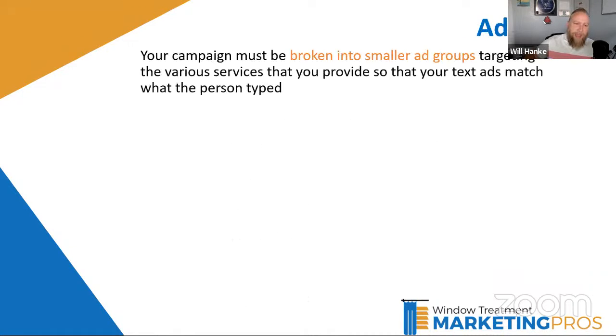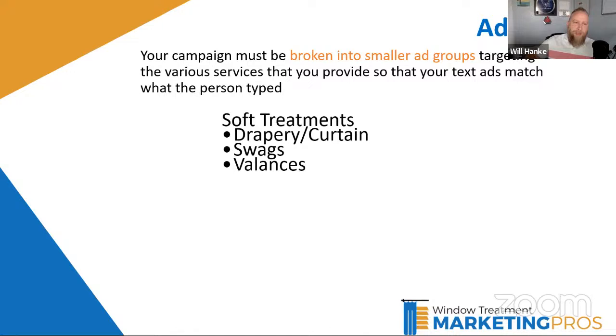Next down is the ad groups. So this would be, each campaign is then broken into smaller ad groups inside of that. So if I use soft treatments as an example, you would want separate ad groups for draperies, for swags, for valances, for all these different things inside of that particular area.